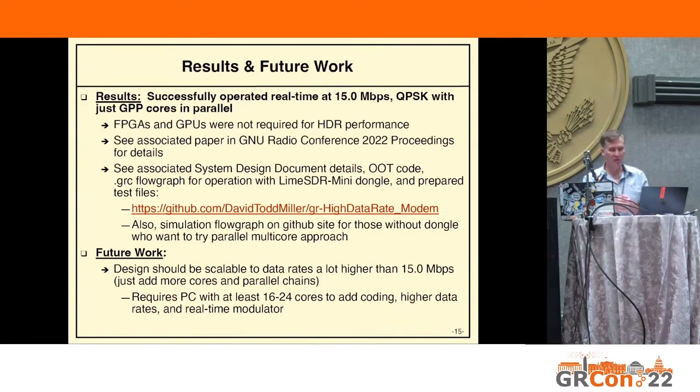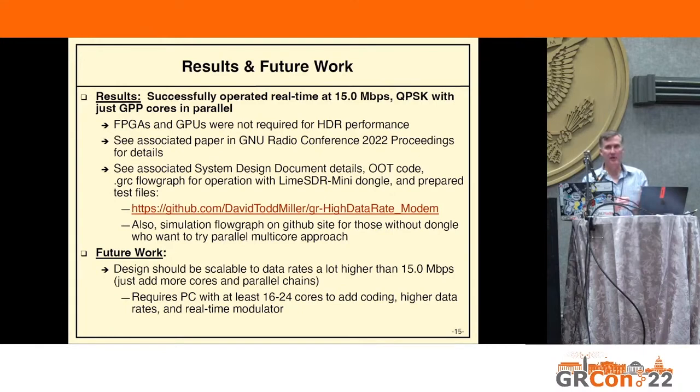I brought stuff with me, so maybe during the conference, if anyone's interested, I could get this thing up and running with the LimeSDR if there's an interest. Also, the paper that goes with this project for the conference has a lot more details. And the GitHub site, again, has the outer tree code and more details and prepared test files.